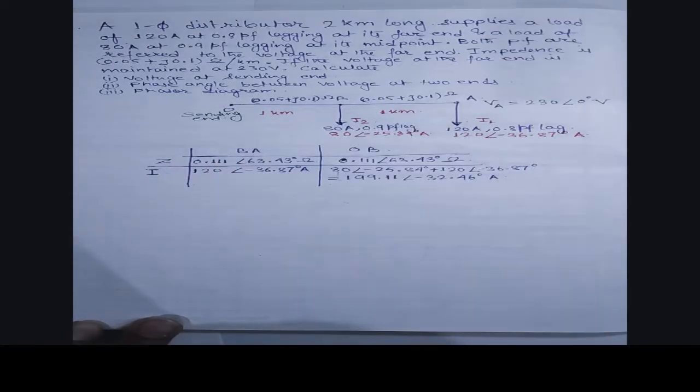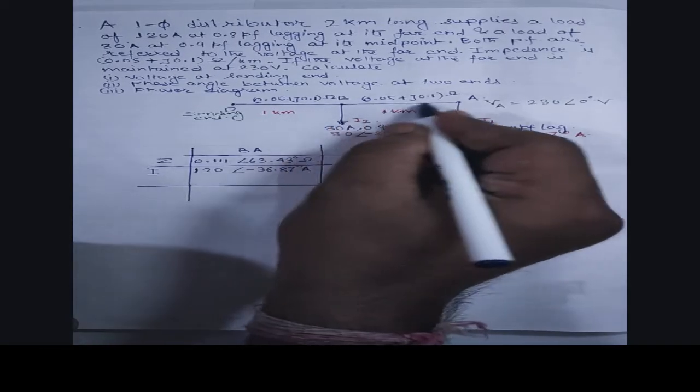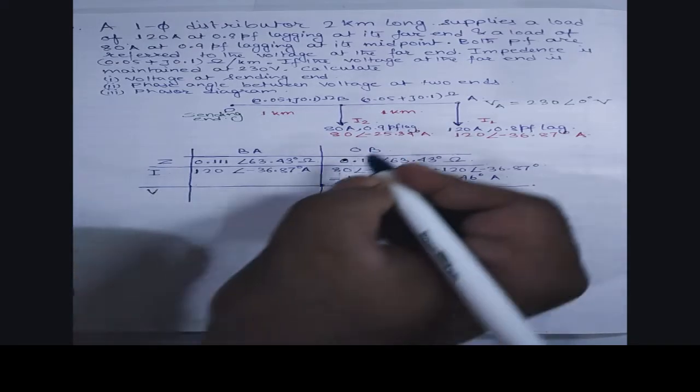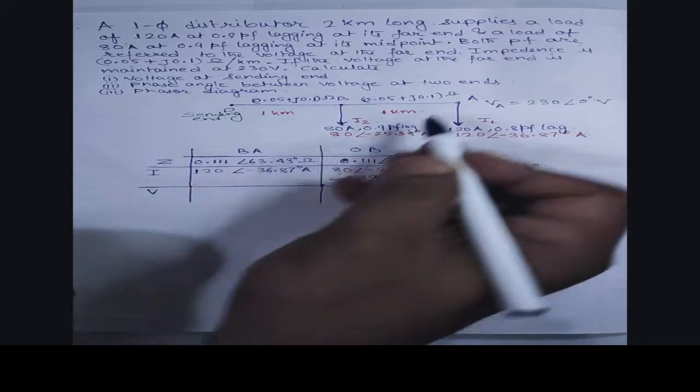Next we will find out the voltages in this branch and this branch. The voltage in this branch will be the multiplication of these two, because this is the current in the AB branch and this is the impedance of the AB branch.